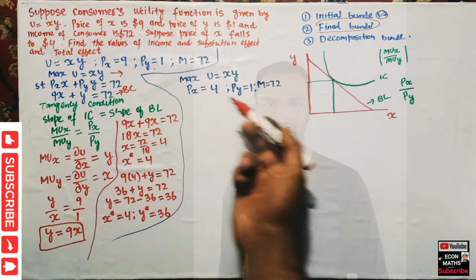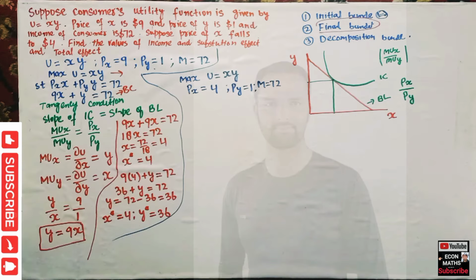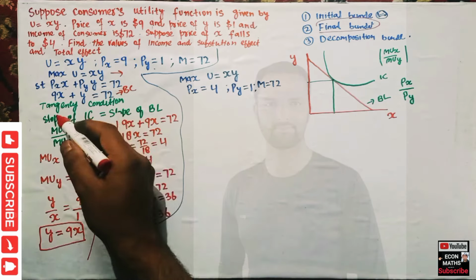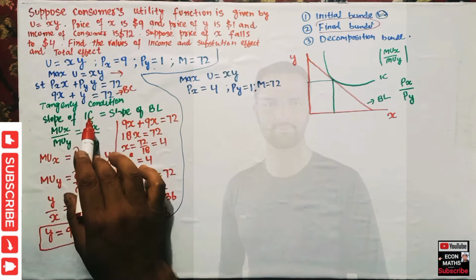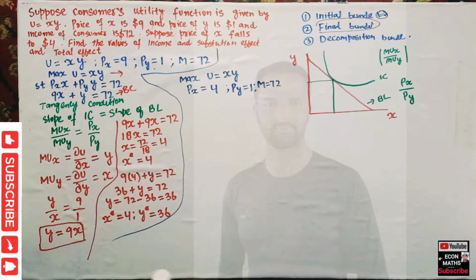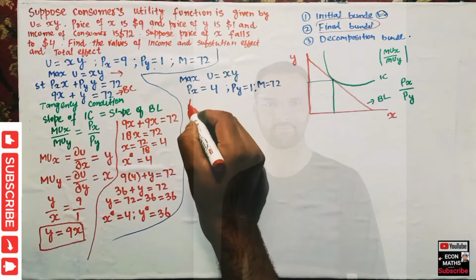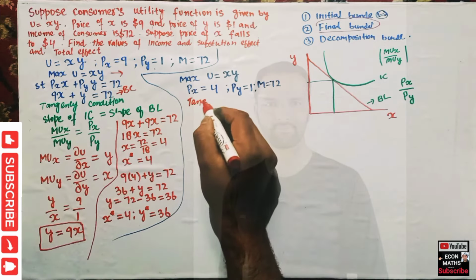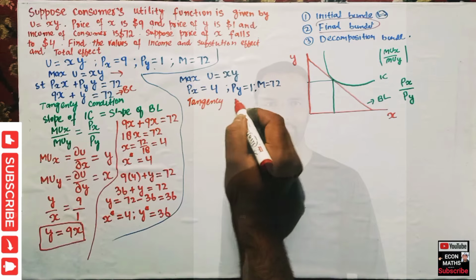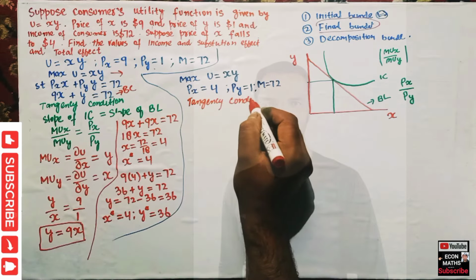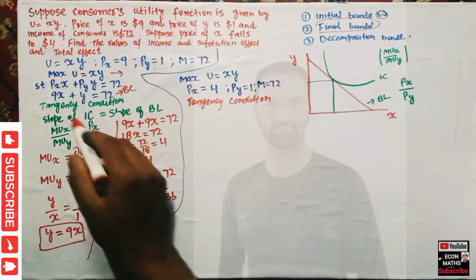We need to find the optimality condition using these variables here. So first we need to satisfy the tangency condition. The tangency condition is that the slope of the indifference curve should be equal to the slope of the budget line. So the tangency condition will remain the same.